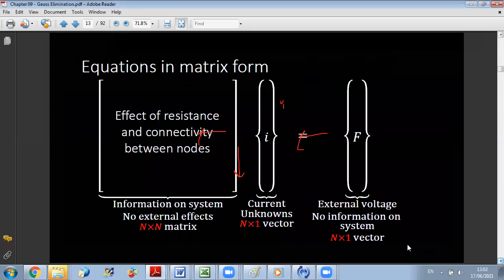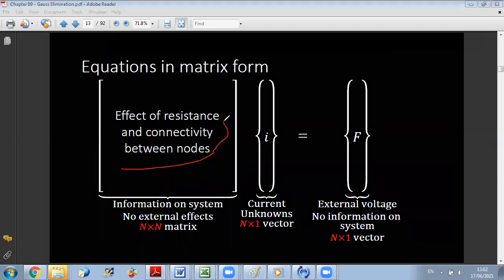This can be written also in matrix form. And here you have the effect of resistance and connectivity between nodes, which is information about resistances. Your unknowns will be the currents in different parts, and the external information from the external environment on the system will be the voltage.